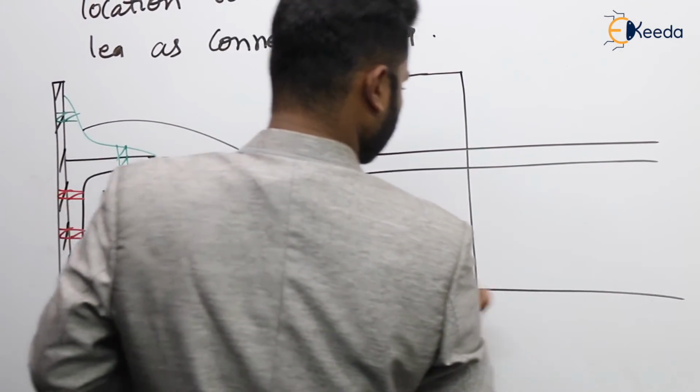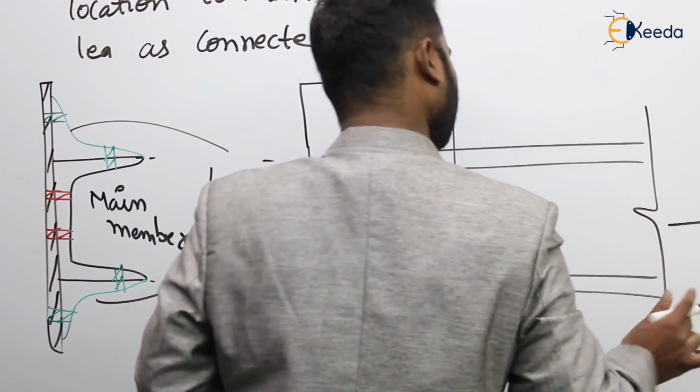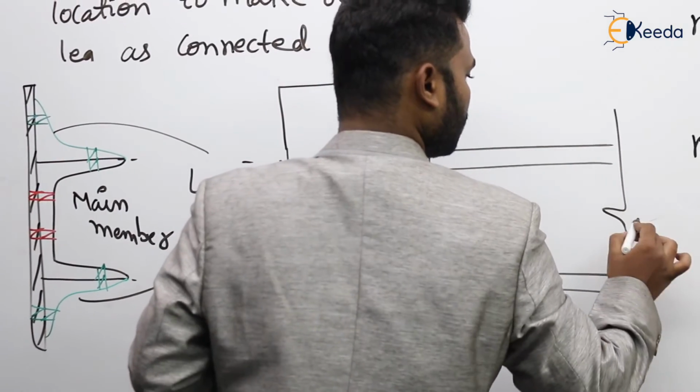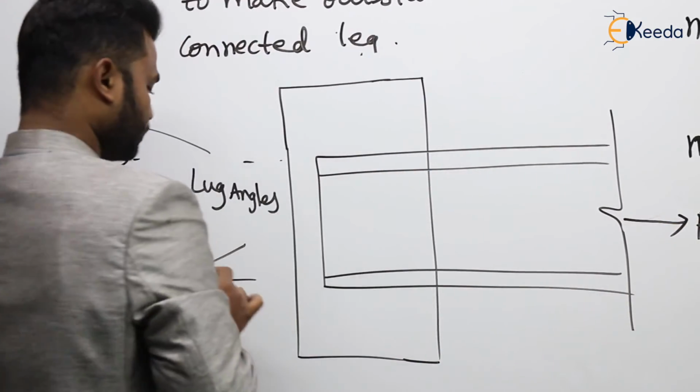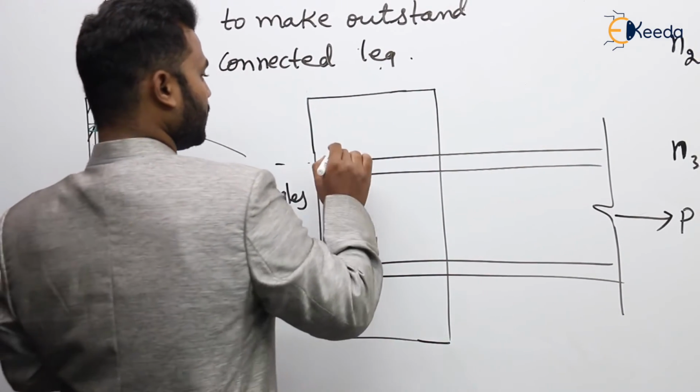These two are the flanges and the length continues, and this is the force P. Here we have used the lug angle.